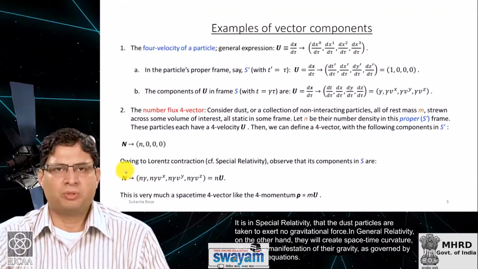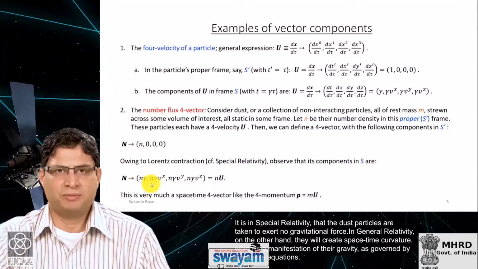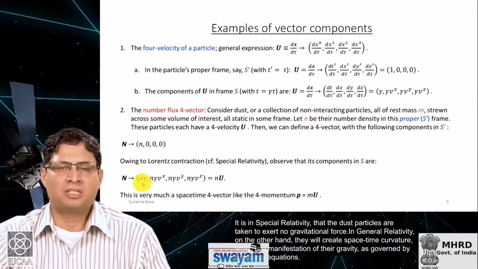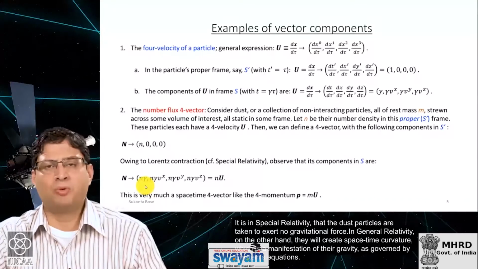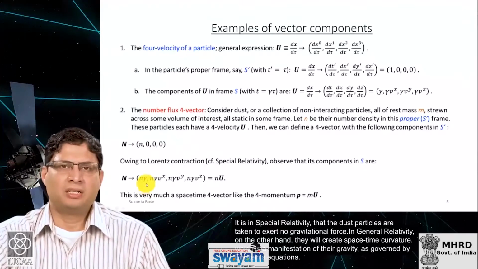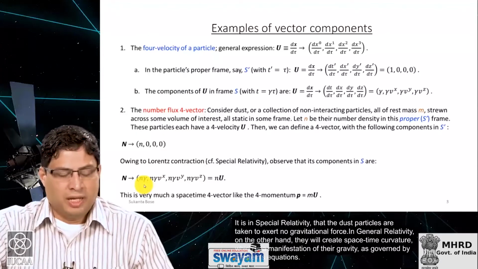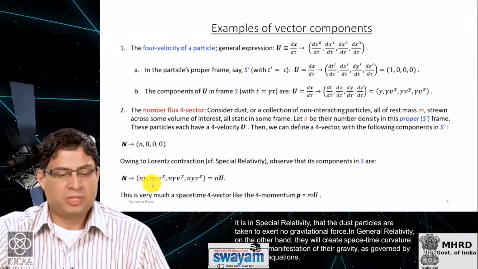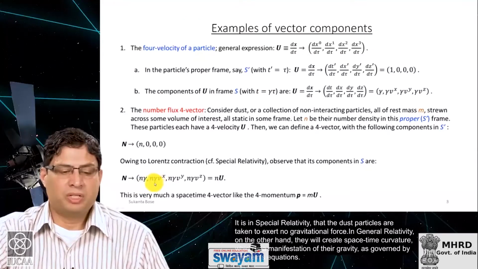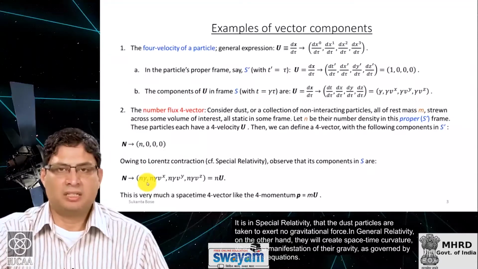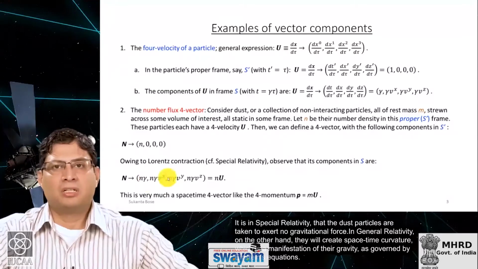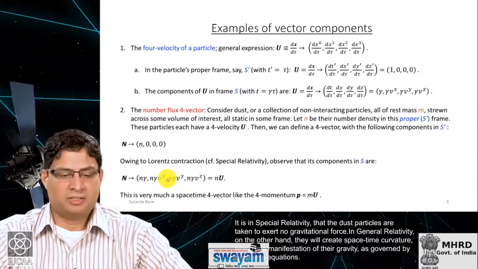has a 0th component, the time component, which is gamma times n, because that is the number density as observed in S. Remember, the particles are moving with respect to S, and their instantaneous proper frame is the S prime frame. And these particles will now appear to move along the x-axis, and that is because S prime itself is moving along the x-axis, right.